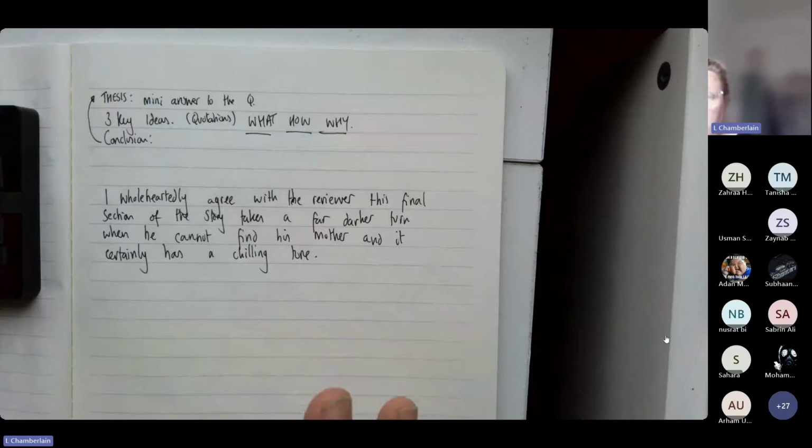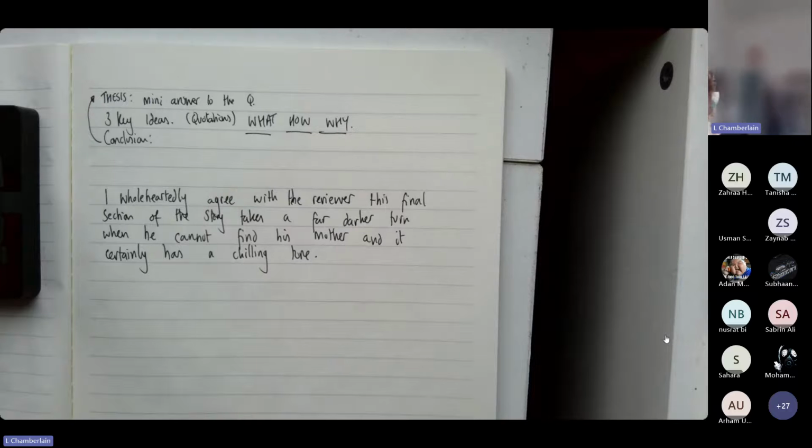Now, if this, for some unknown reason, if that was the only thing I wrote for this question in the exam, I'm still going to be able to pick up 3, 4 marks, okay? Now, I don't think that's all that we should be doing, but if we did, we've safeguarded some marks for ourselves. Instead, again, we want to think very carefully about our what, how, why.